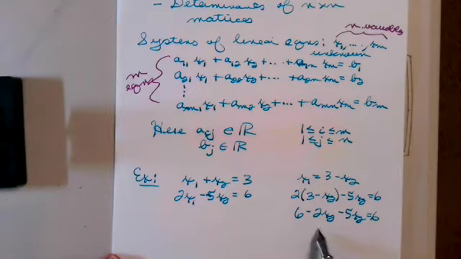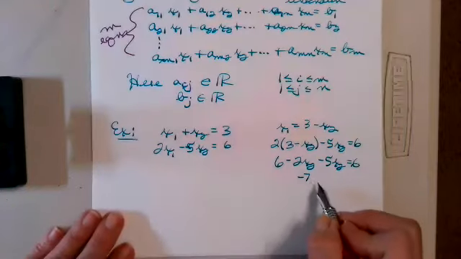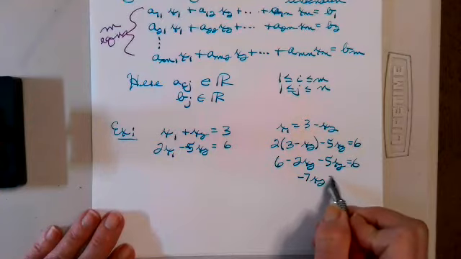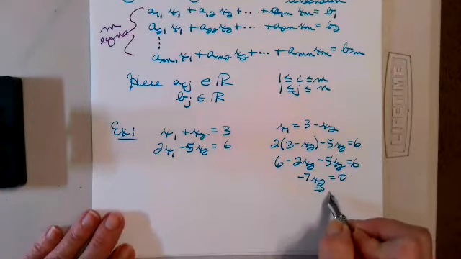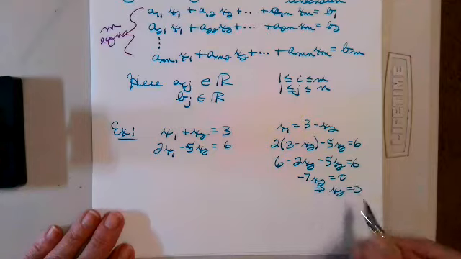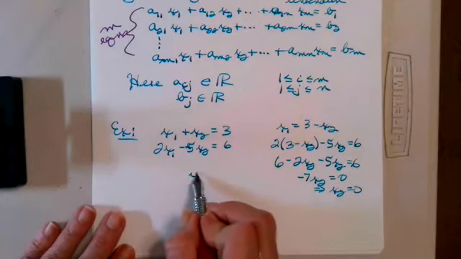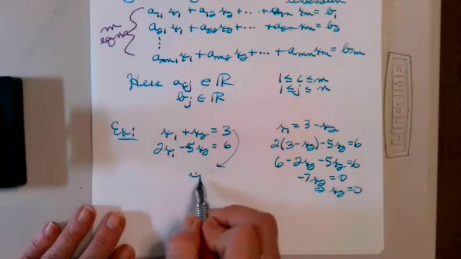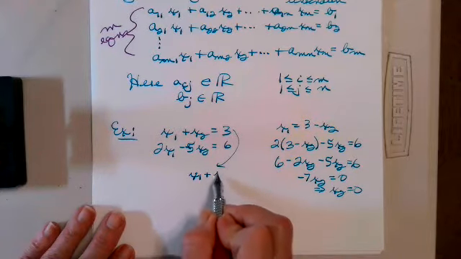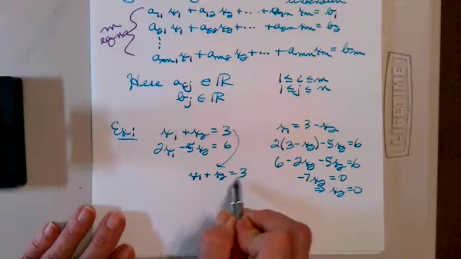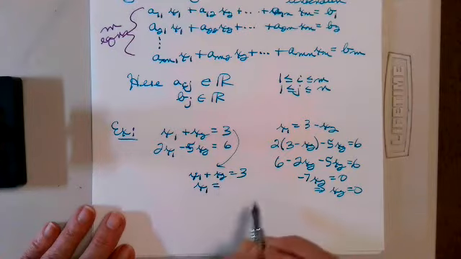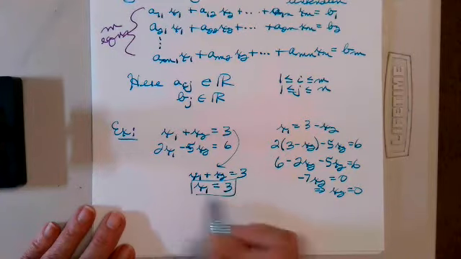And so that would give you minus 7x2 equals 0, which would say that x2 is 0. And now you could plug it into either one of those equations. Let's use the first one. So x1 plus x2 is 3, but x2 is 0, so that says x1 is 3, and you'd have your solution.